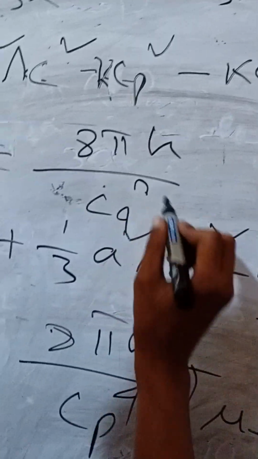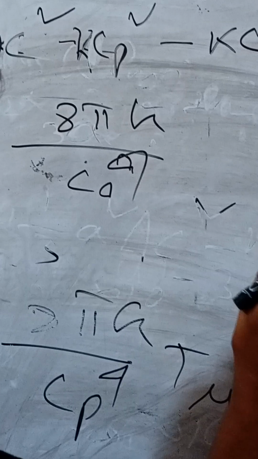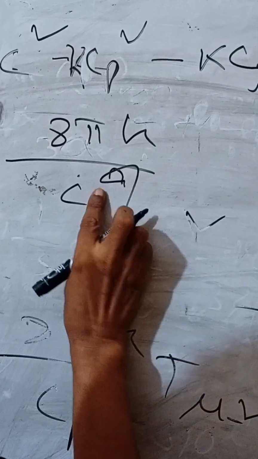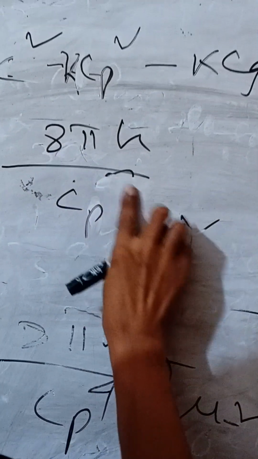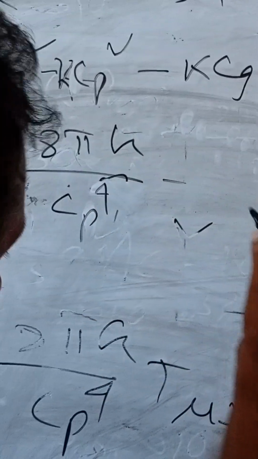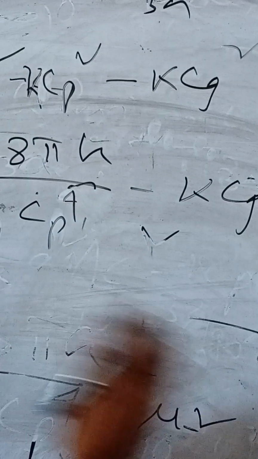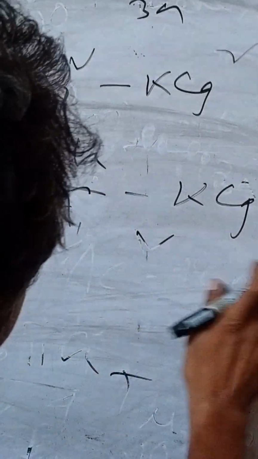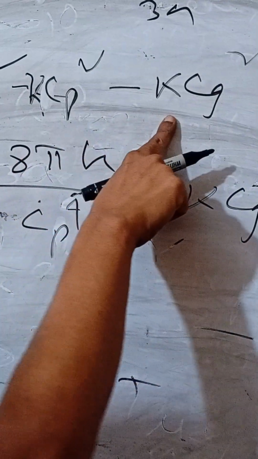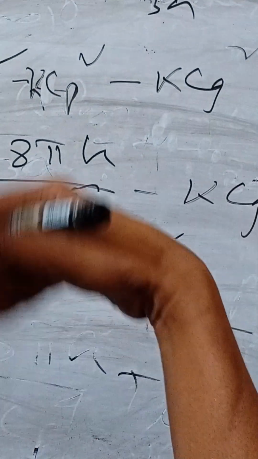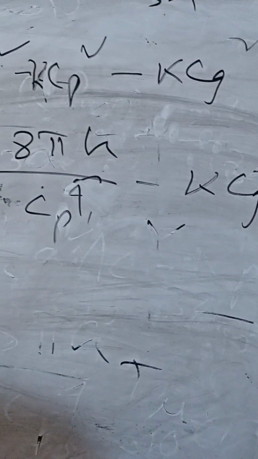Cp is 4 and K Cg square. I am subtracting K Cg square from both sides.